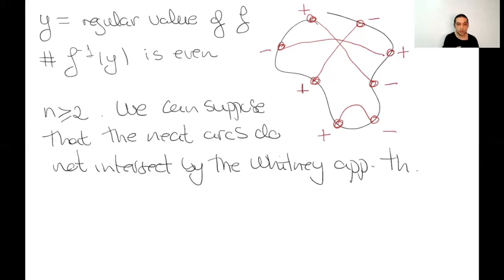What happens when n is equal to 2? We cannot do this, because we can apply the Whitney approximation theorem only if the dimension of W, which is greater or equal than 3, is greater or equal than twice the dimension of k plus 1. In other words, 2 plus 1, 3.